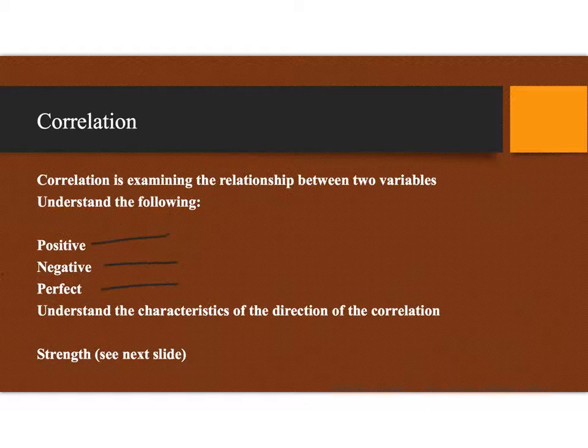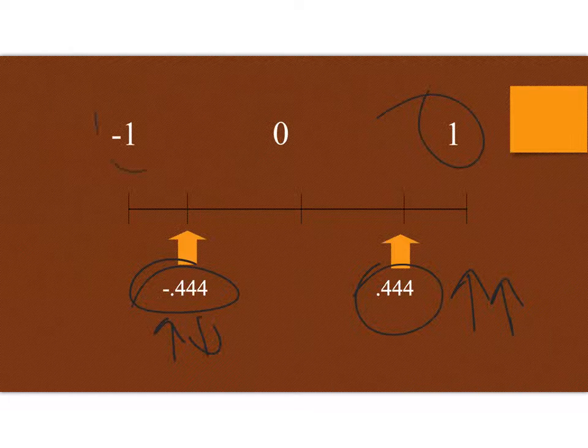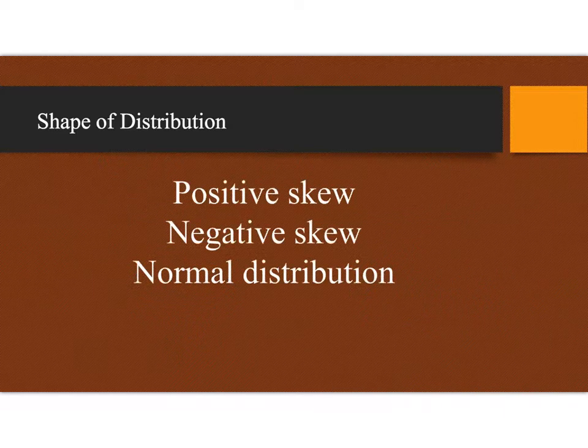You need to understand the direction, understanding the difference between a negative and a positive. One goes up, one goes down, or both go up. Perfect correlation and no correlation. You need to understand what all those are.